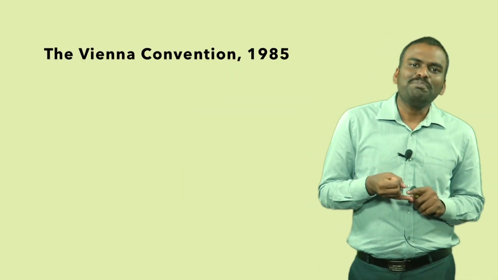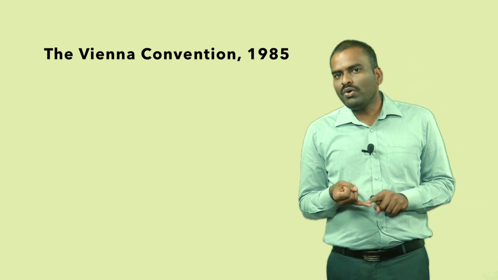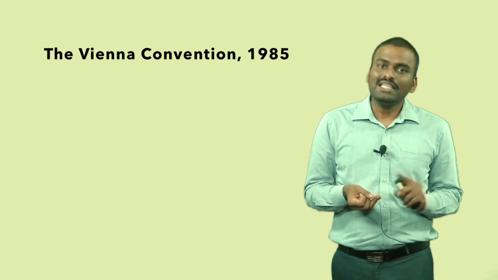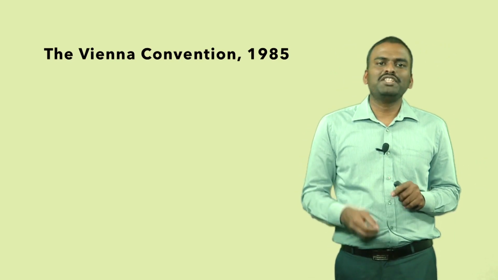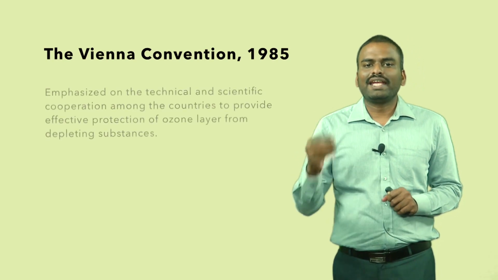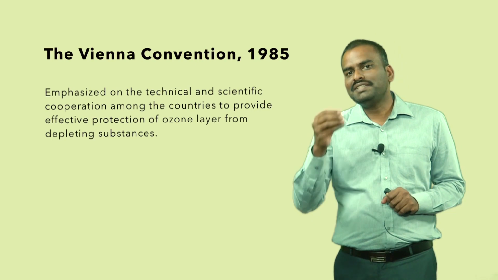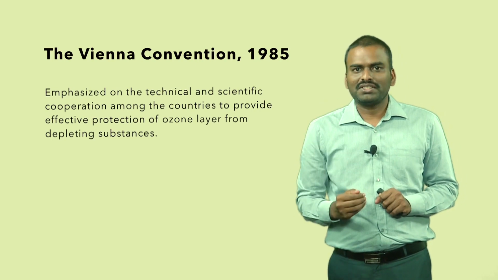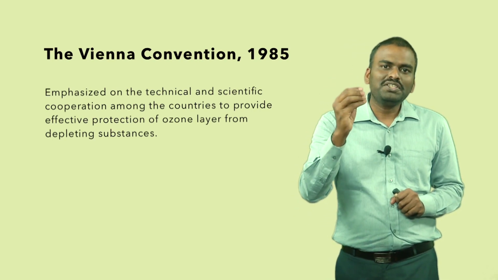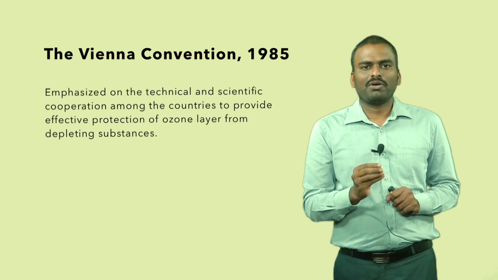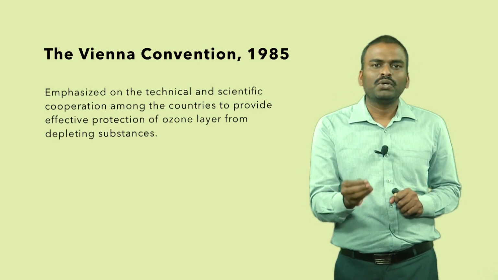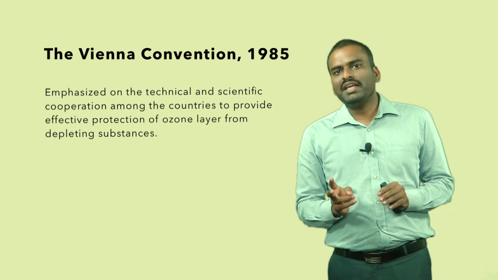And one of the important aspects which is most wanted even right now based on the Vienna Convention is technical and scientific cooperation, because as I stated on the previous occasion, ozone depletion is a science related problem. It can be addressed only by science, that too linked with law.